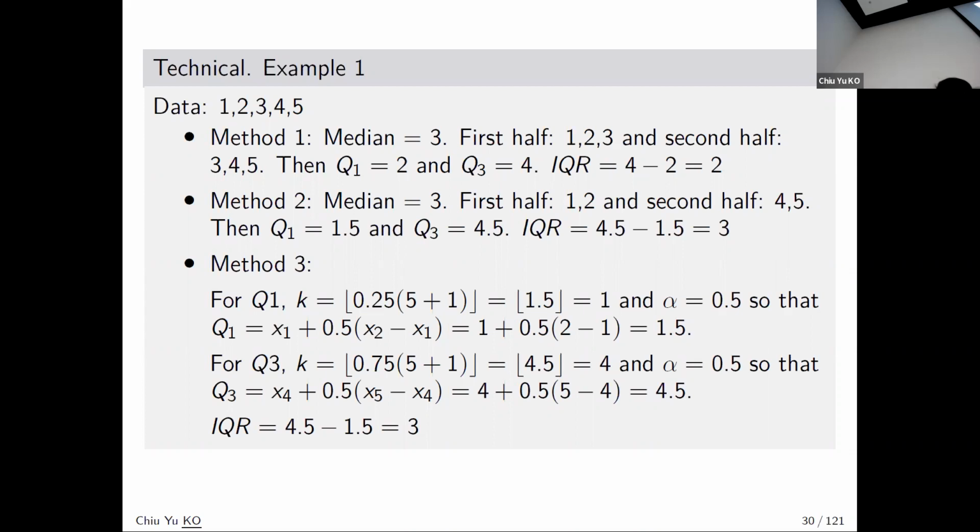So halfway of 1 and 2. Okay? And you can write it the other way around.